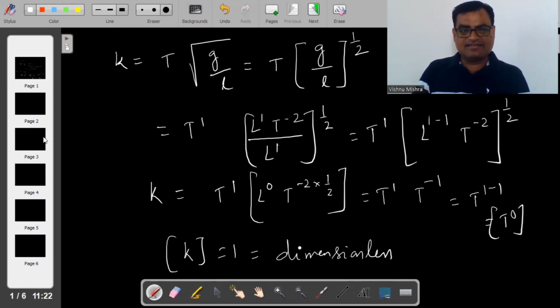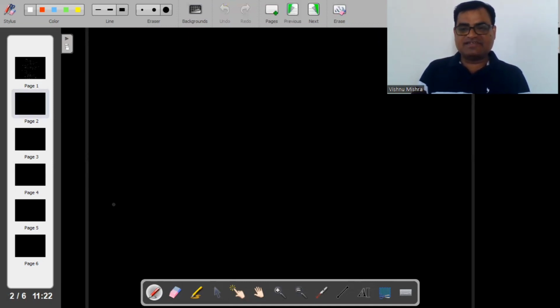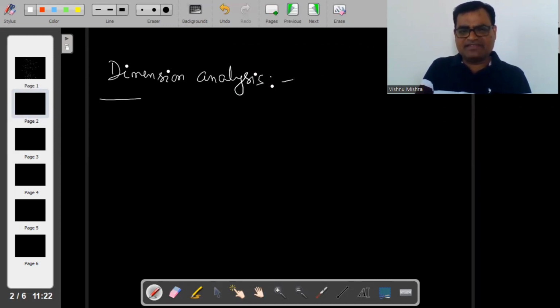Now let's start the last portion of this dimension analysis. One by one, we have to see dimension analysis. With the help of dimension, we can find out the dimension of an unknown physical quantity. Three analyses are there here.